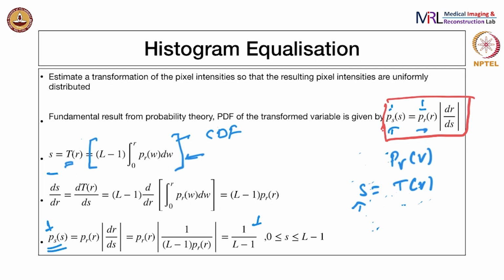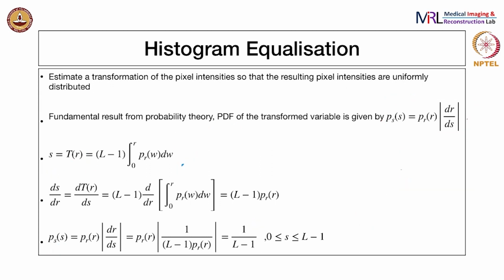This is the algorithm, or the intent, behind histogram equalization. Of course, you can try different forms of this function, but typically what you want to estimate is that the synthesized image has a uniform distribution.